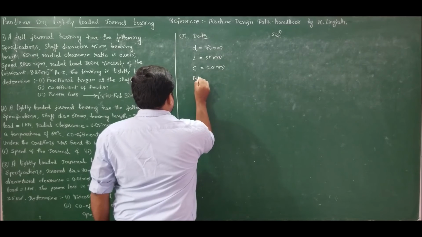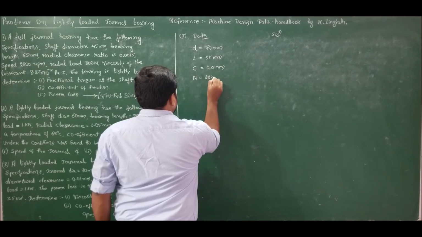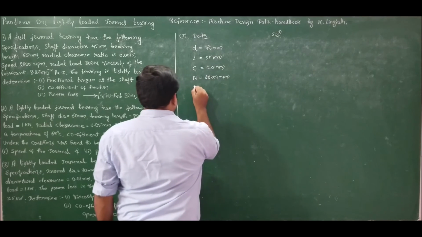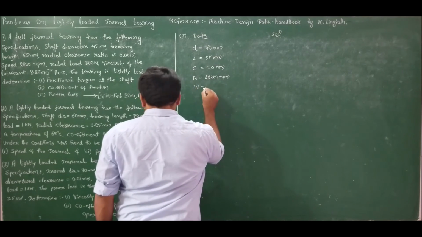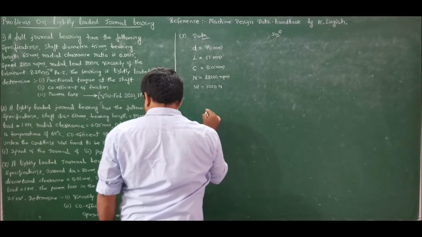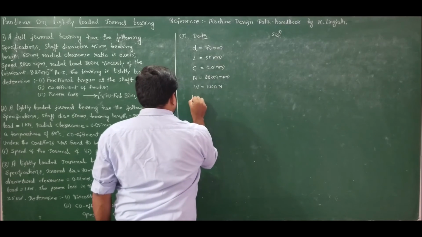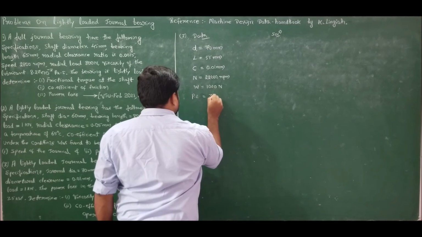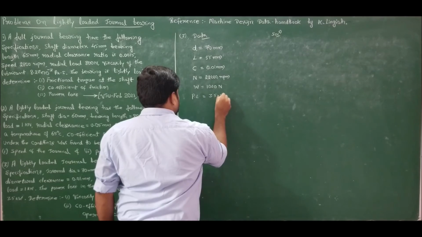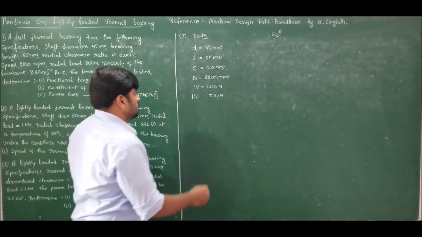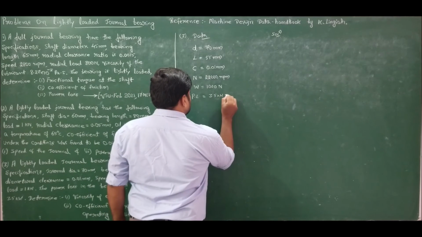Speed, capital N, is 22,000 RPM. Radial load W is 1 kilonewton, that is 1000 newtons. Power loss is specified for us. How much is power loss? 3.5 kilowatts. Very high. So there is a power loss of 3.5 kilowatts. So this is equal to how much?